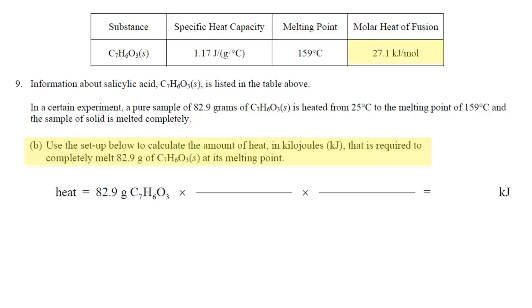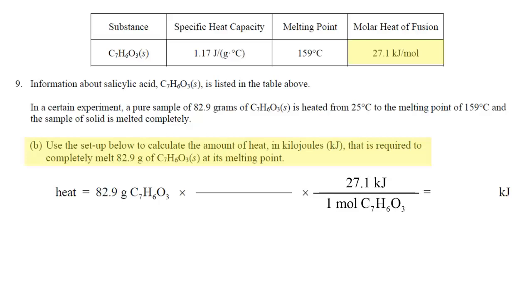So in the table, the molar heat of fusion is 27.1 kilojoules per mole. It takes 27.1 kilojoules of thermal energy or heat to melt 1 mole of salicylic acid. Now, that is going to be located at the end in terms of the conversion factor.